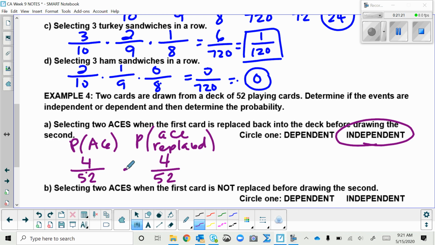Actually, I'm going to simplify here because 52 times 52 is pretty big. So these both simplify. 4 can be divided out of each. So I'm going to simplify 4 over 52 as 1/13, and this one as 1/13. And then multiply. 1 times 1 is 1, and 13 squared is 169.